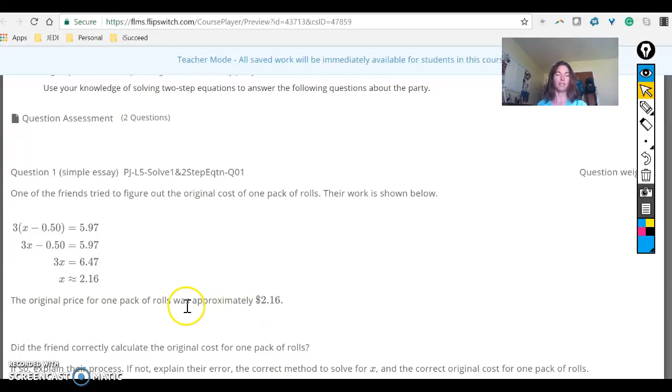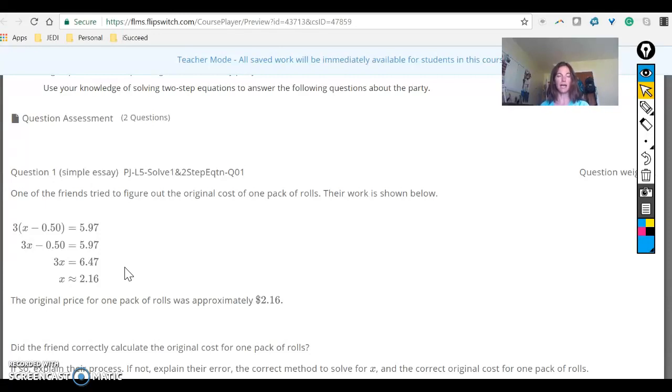So the friend came up with this 2-step equation of 3 times the quantity x minus 50 equals 597. And I'm not really sure how that pertains to this pack of rolls, but for this situation, that doesn't matter so much as ensuring that they did the problem correctly.